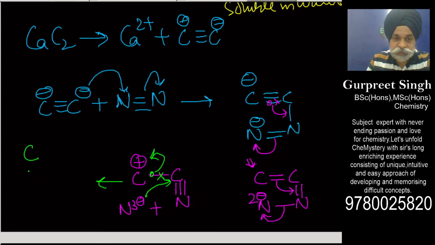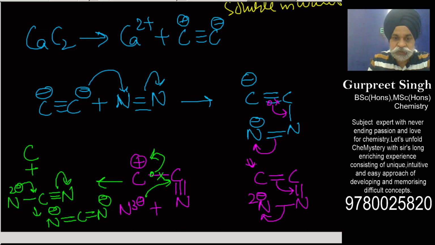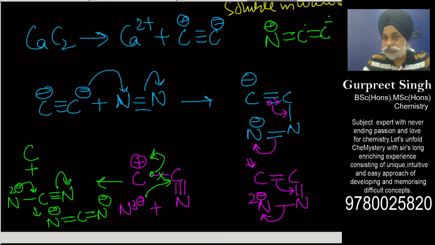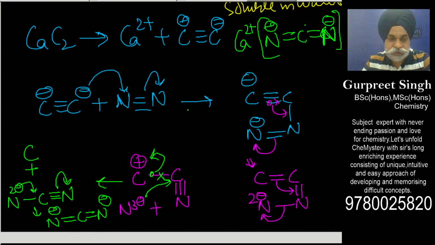So this is carbon, with N2 negative, single bond, then nitrogen, and this can come here, and ultimately you get N negative, double bond C, N negative. So this is what you have got, cyanamide. Cyanamide has this type of anion along with calcium 2 positive. So this is the small mechanism.